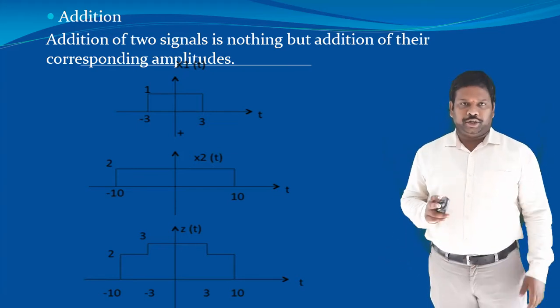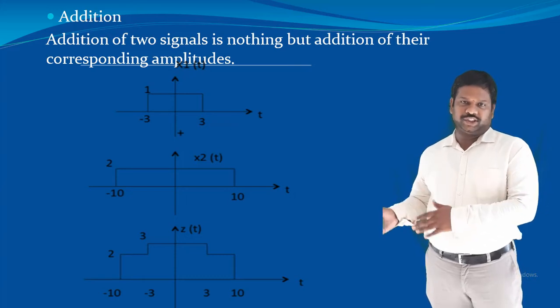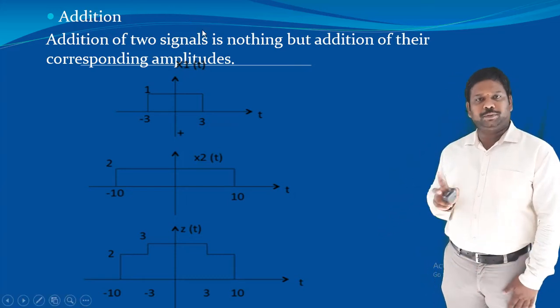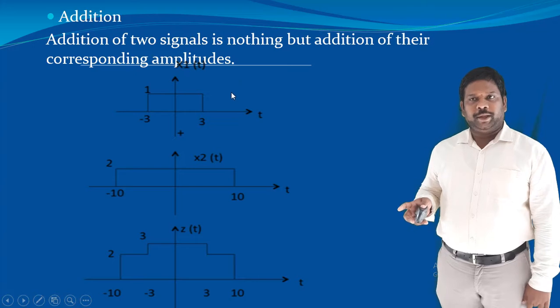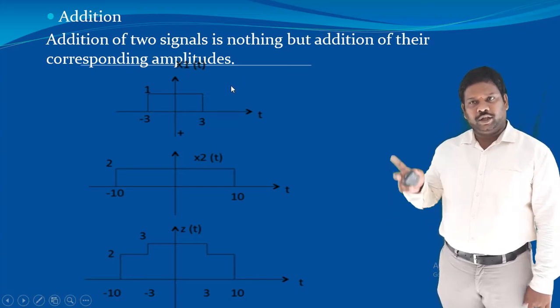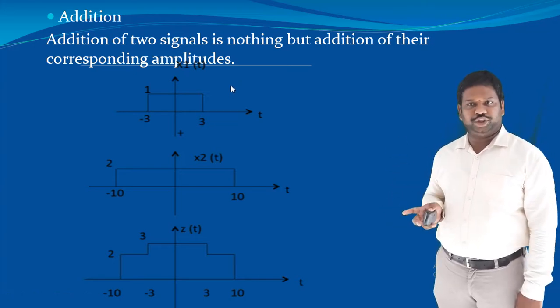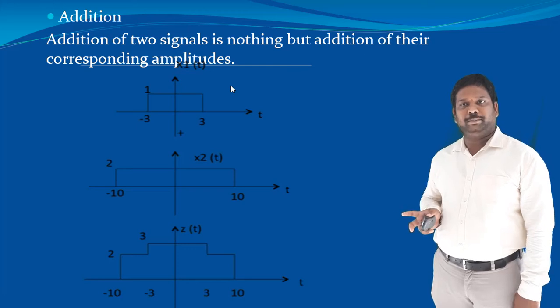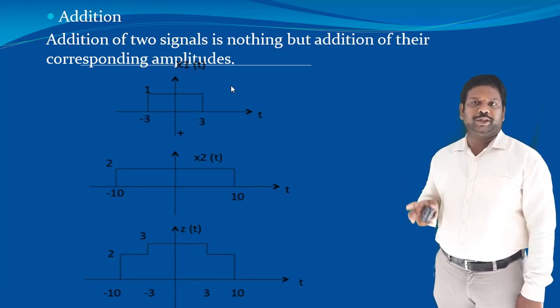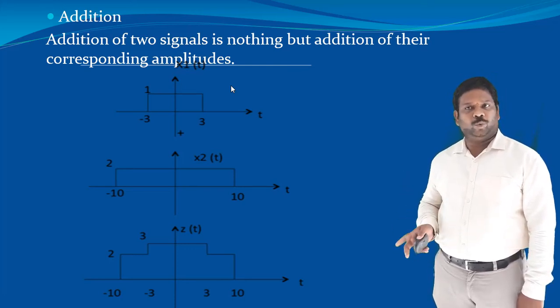That is, now the time interval will be split into 3 parts. The first one is from -10 to -3. In -10 to -3, the first signal will have the amplitude as 0. The second signal will have the amplitude as 1. Therefore, 0 plus 1 will give the amplitude as 1.